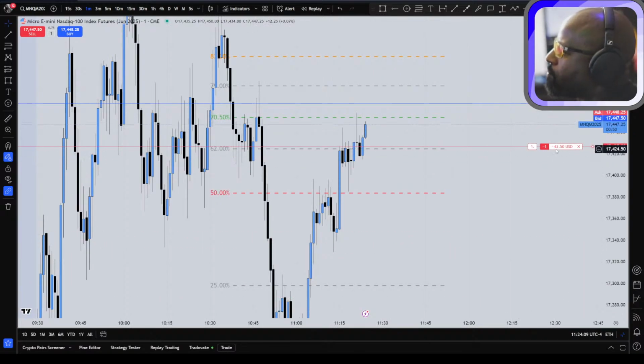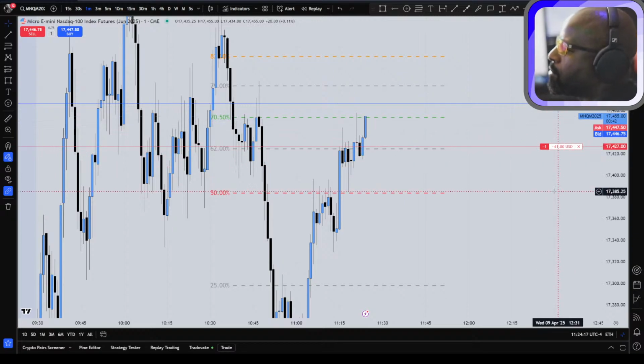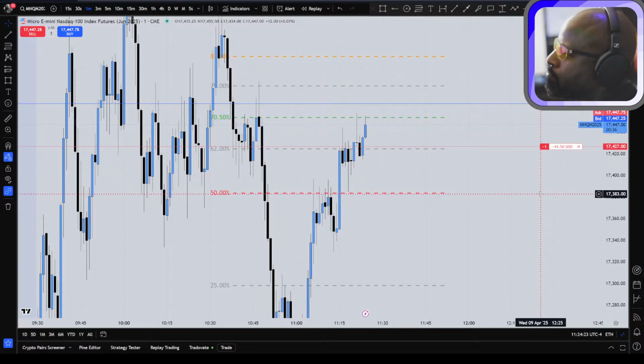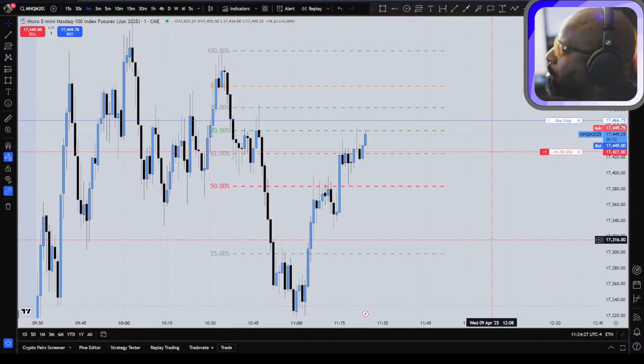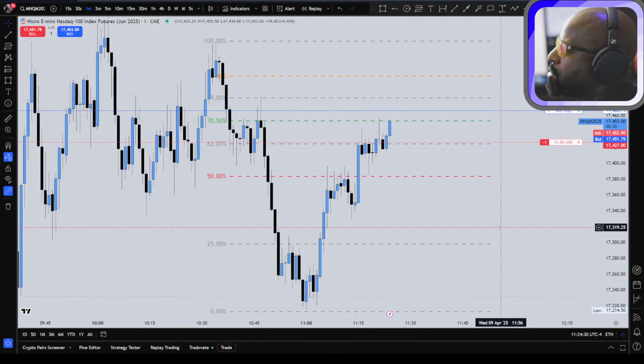But look at the amount of risk that I have on now as opposed to what I was risking with the minis. This is tolerable. My account can tolerate this. I could take 10 trades and I would only be down $500. Is that something that I would want to do? Nope. This is my third or fourth trade today.